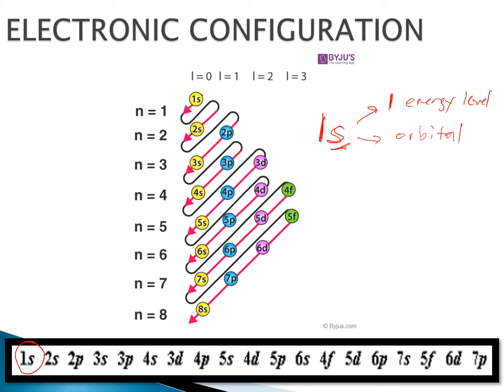So what does it mean? The first energy level contains only one type of orbital and it only has one s orbital.